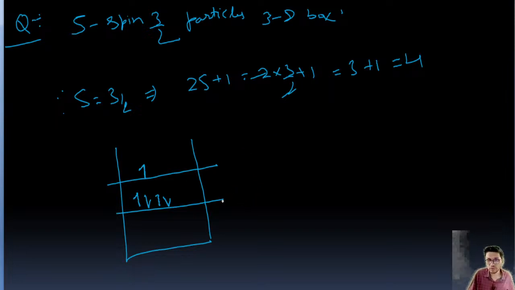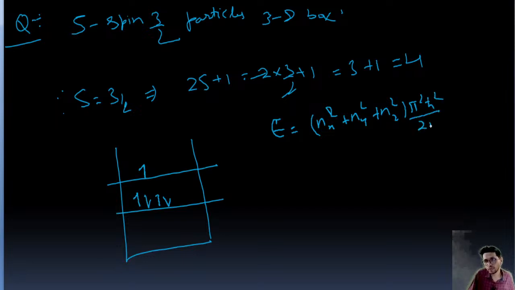And also the energy for 3D we know, that is (nx² + ny² + nz²) π²ħ²/2ma², or we can write (nx² + ny² + nz²) times E naught. Value of E naught is this.